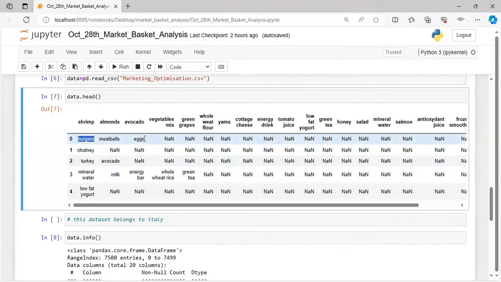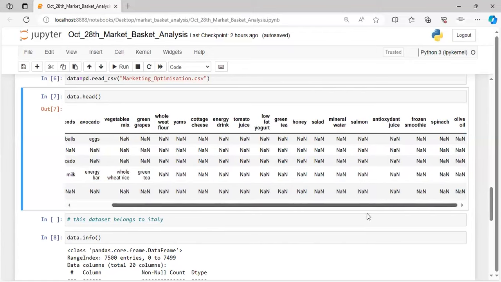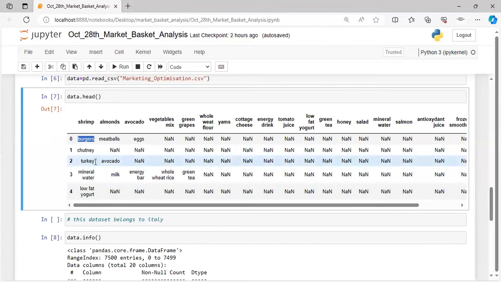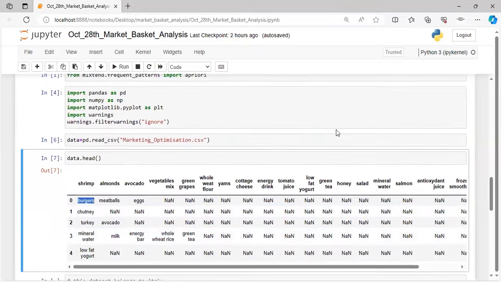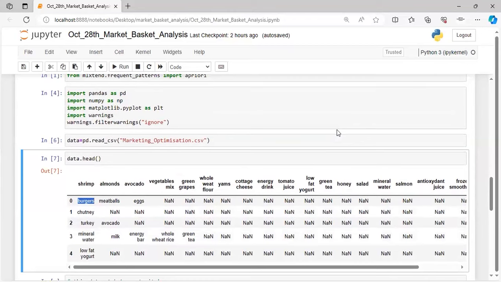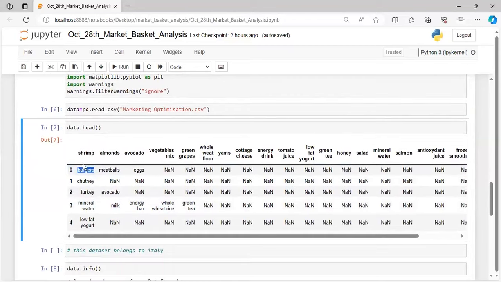Chutney was there and some other item was there. That is only chutney. They bought mineral water, milk, energy bar, whole wheat rice also, green tea also. They have purchased all those things. Then is the shrimp related to burgers, chutney and all that?